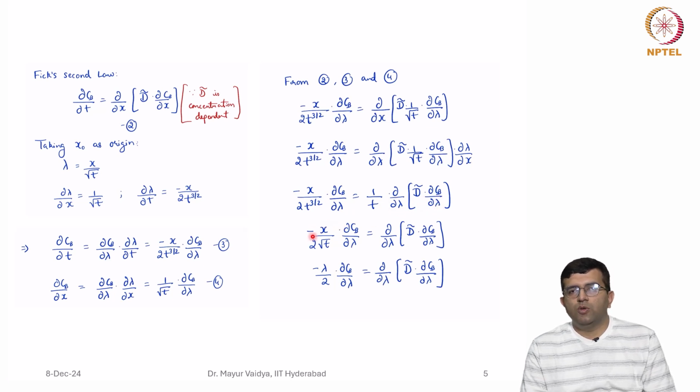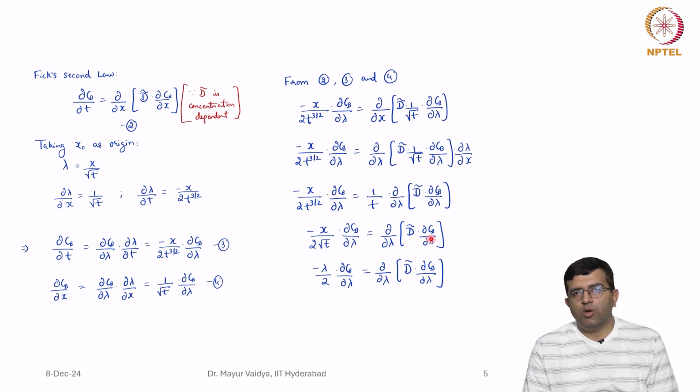Now you see that t and t to the power 3 by 2, you can divide, and you get minus x by 2 root t ∂Cb/∂λ is equal to ∂/∂λ of D tilde into ∂Cb/∂λ. Actually, I can write it as simply D, because D is only a function of Cb, which I will do later.